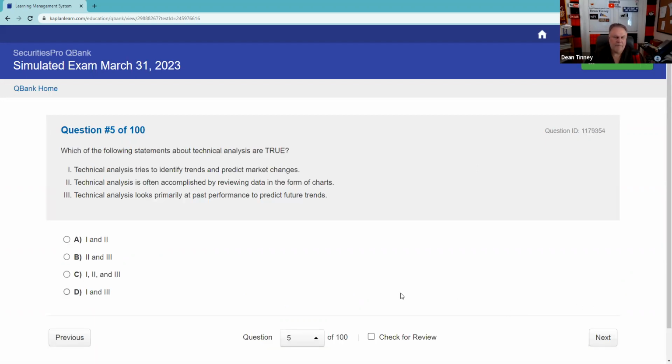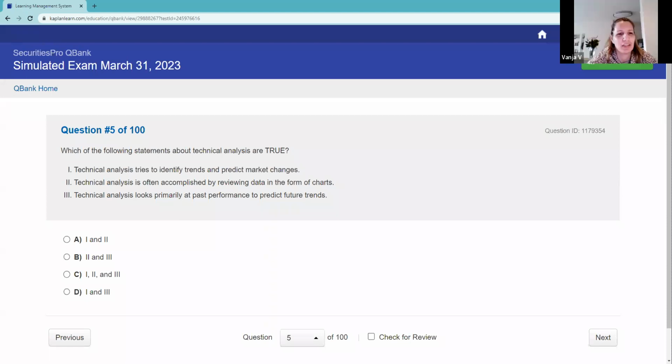Which of the following statements about technical analysis are true? My bad, are true. Well, good. Technical analysis tries to identify trends and predict market changes. Technical analysis is often accomplished by reviewing data in the form of charts. Technical analysis looks primarily at past performance to predict future trends.